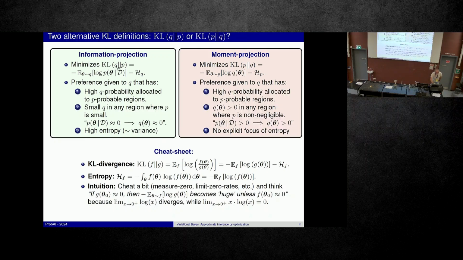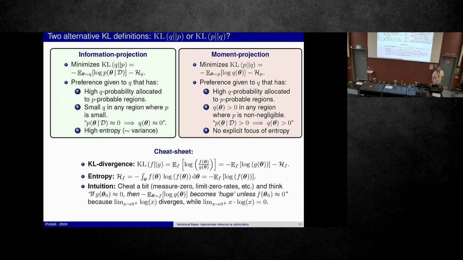Okay, so let's start with this guy, from Q to P. Then I've written out here the Kullback-Leibler, what it relates to, and remember that it's now the Q distribution that we are optimizing. The P is fixed. So for this one here to be good, we need to make sure that whenever P is large, and therefore log p is large, this is where we would like our expectation operator to zoom in, right?